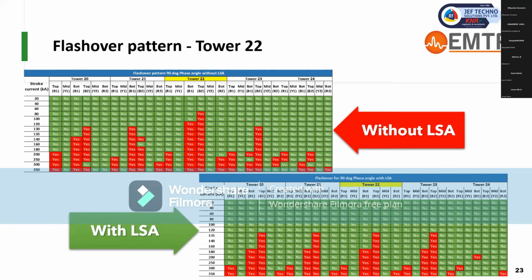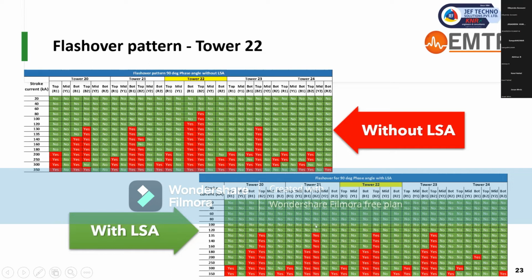So now what we do is compare the tripping pattern before and after installation of lightning arresters. We compare whether the performance of the adjacent tower is degraded or improved. If we take the case of tower 22, we do the lightning strike on tower 22, which is identified as a vulnerable tower, and observe at what critical current flashover occurs. Without arrester, it flashes over at 80 kiloamps, and the adjacent towers flash over at 130 kiloamps.